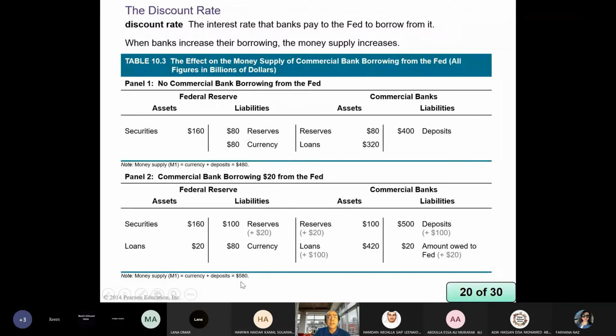So the money supply increased multiple times more than 20. 20 times the money multiplier 5 is equal to 100. So the increase in reserve by 20 allows commercial banks to increase their deposits by 100. How? By giving loans. They gave loans of 100, and the loans converted to new deposits.